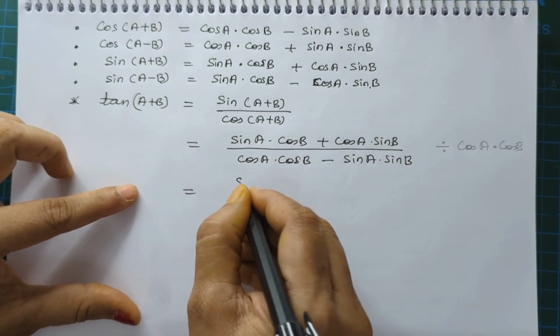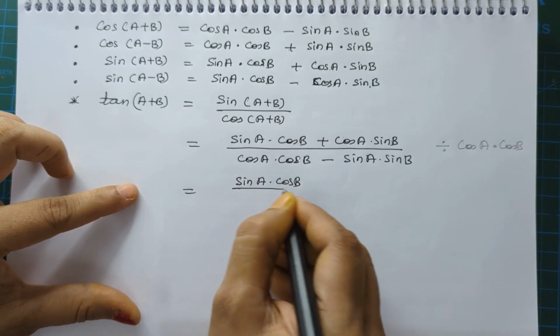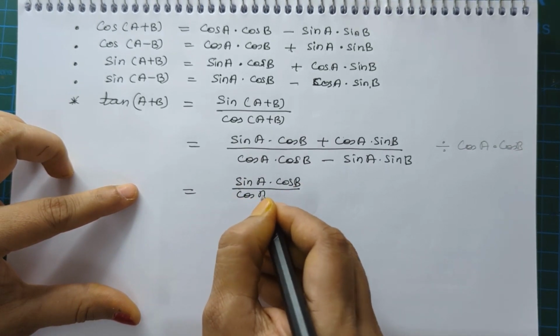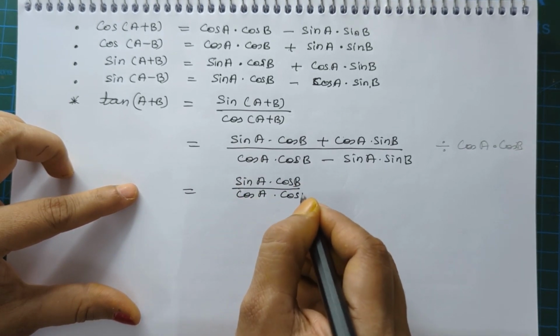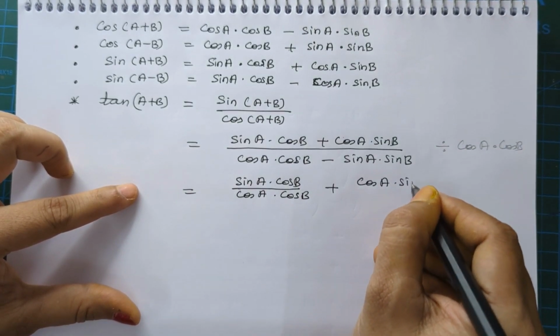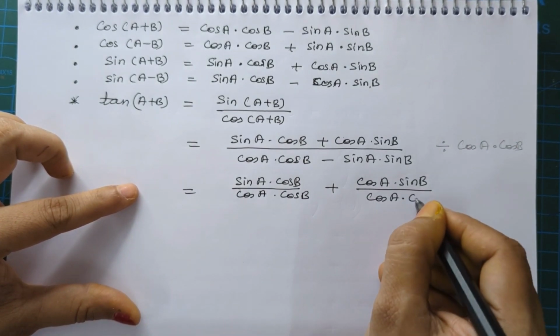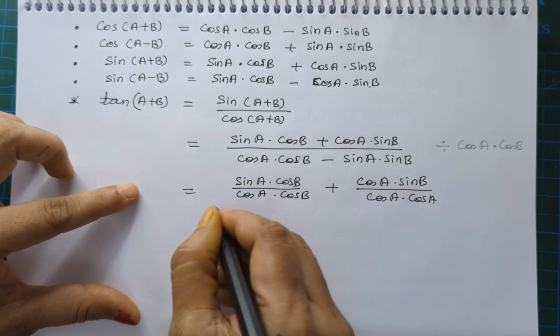So we will get here sin A cos B divided by cos A cos B plus cos A sin B divided by cos A cos B. That makes the numerator.